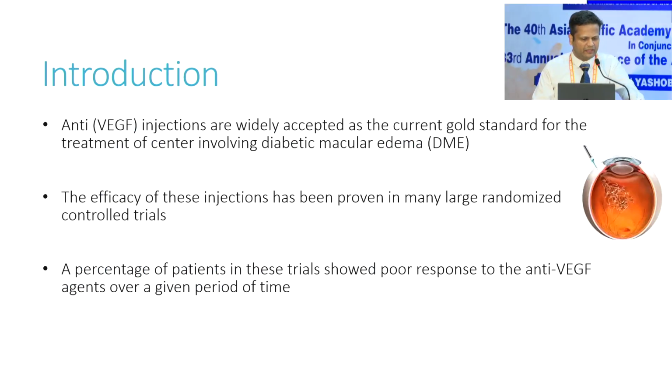As we all know, anti-VEGF agents are widely accepted as the gold standard treatment for center-involving macular edema, and the efficacies have been proved by multiple randomized controlled trials. But a large percentage of patients show very poor response to anti-VEGF in spite of being given for a long period of time.